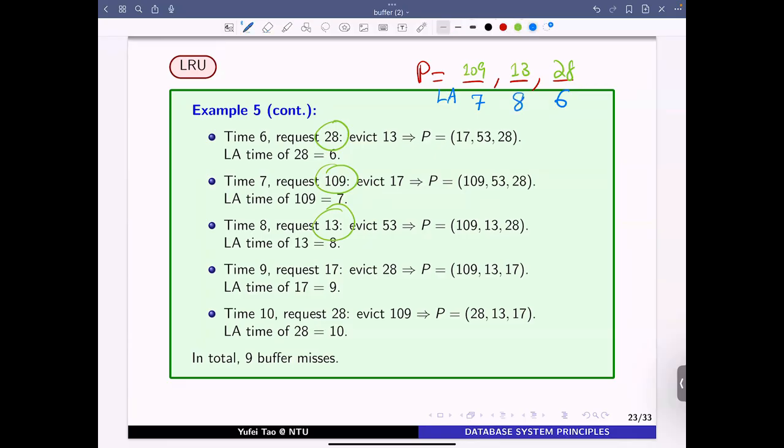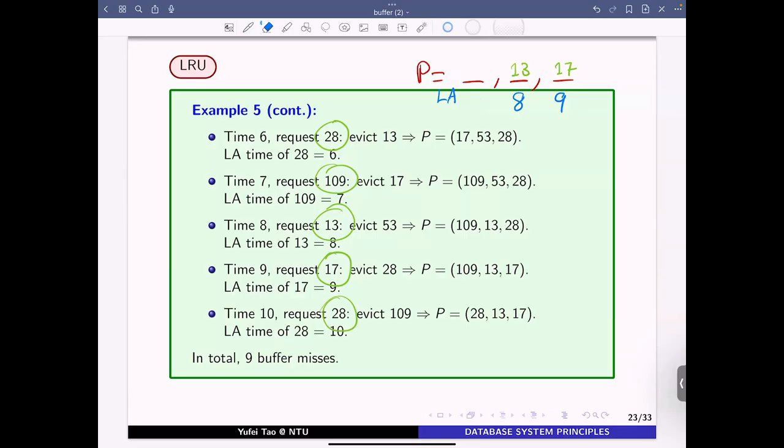You get the idea, but anyway, let me finish the example. The next one would be 17, again something we kicked out 2 timestamps ago. This time we kick out 28. I was just not so lucky with LRU. Time 9, and the next one's 28. We just kicked out 28.